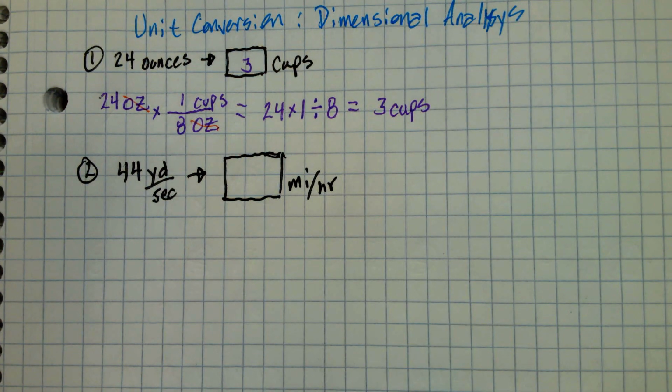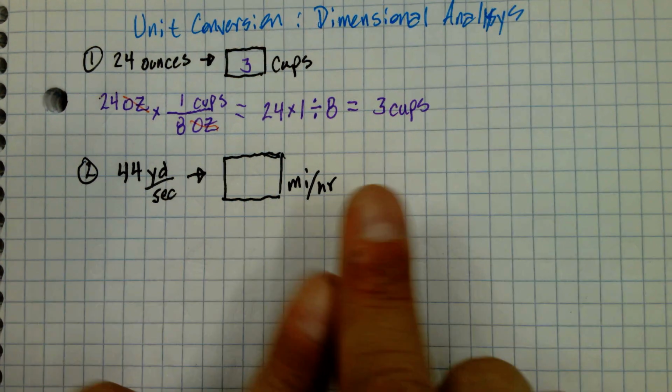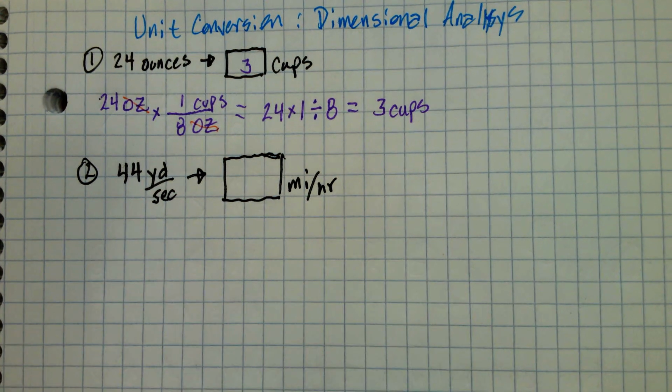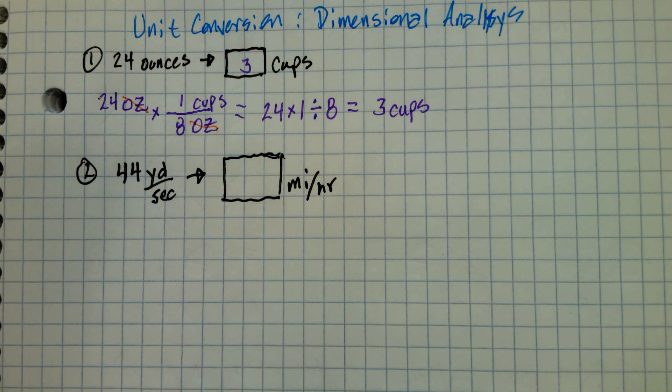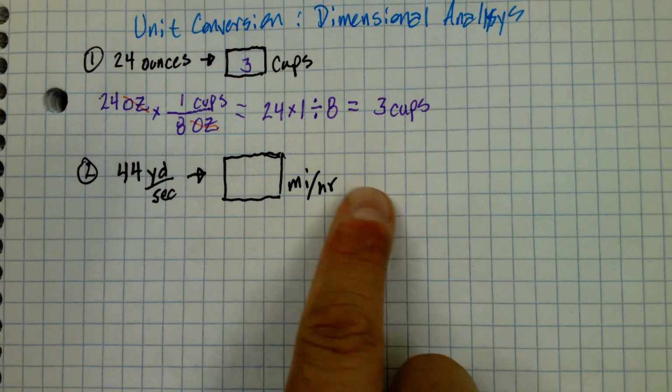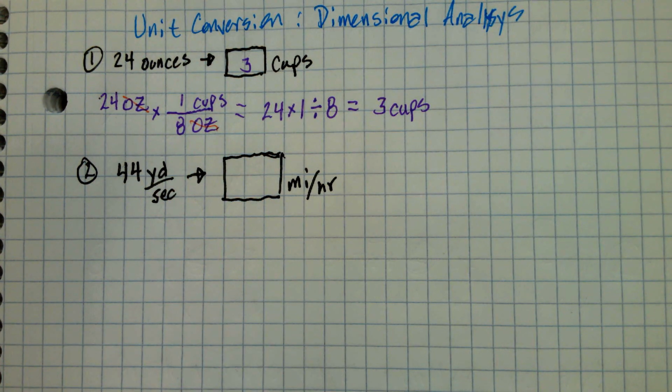Okay. So we have two types of conversions going on. We have one for distance, yards to miles, and we have one for time, seconds to hours. That's like 3,600. Yeah, there are 3,600 seconds in 1 hour. So put that in your pocket. We'll remember it in a little bit.